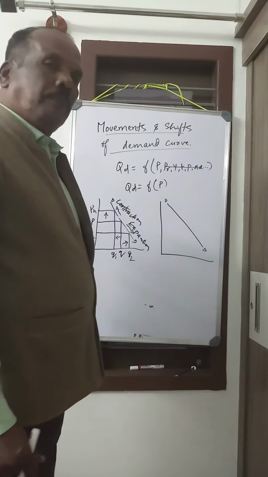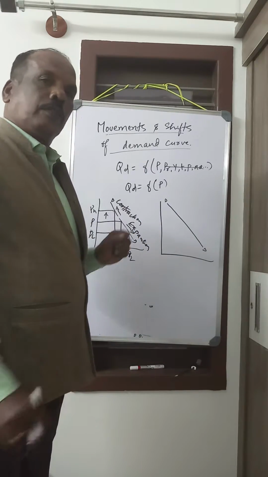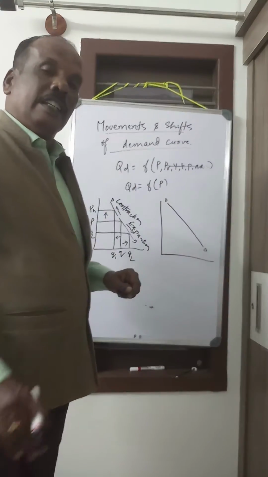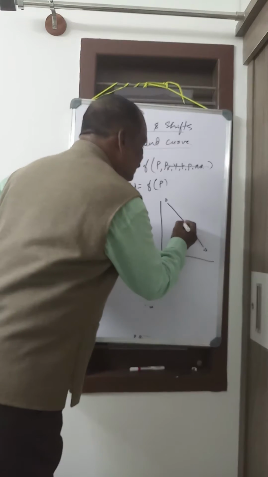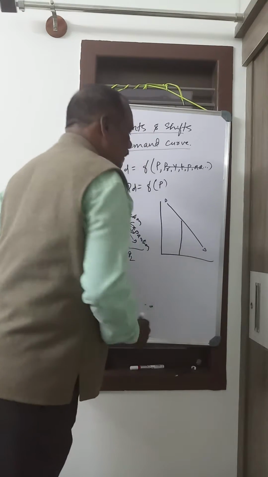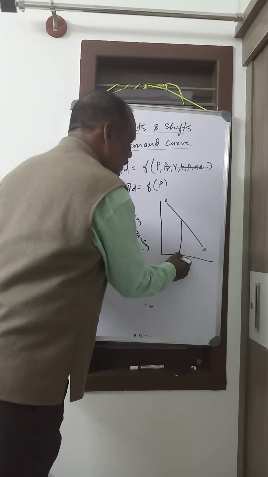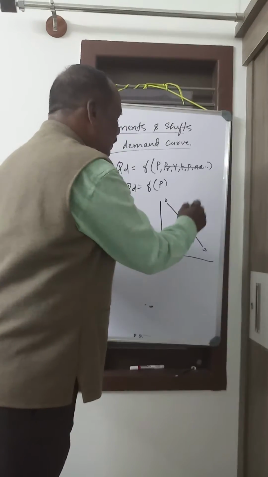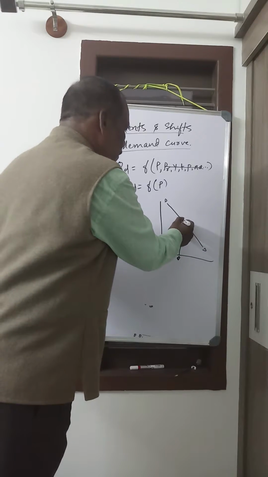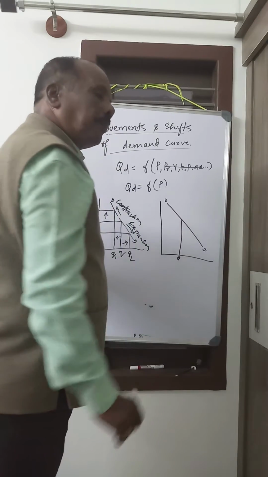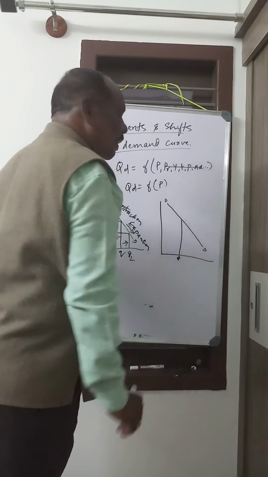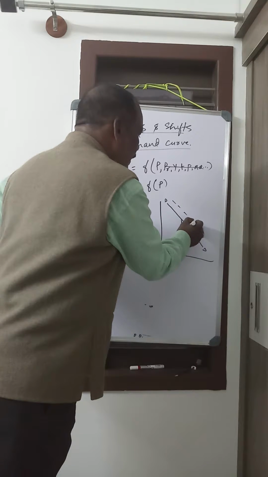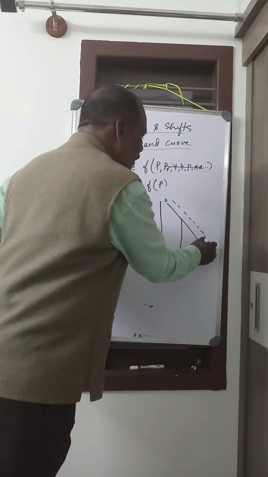So this is the demand curve. Suppose, let us say there is a change in income. If there is an increase in income, you just say this is the quantity demanded at this price. So suppose there is an increase in income of a consumer, the demand curve shifts rightward.